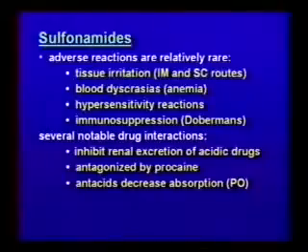The drug interactions with sulfonamides that are noteworthy: certainly these being acidic drugs which are highly excreted by the kidney, these drugs can interfere with the tubular secretion of other classes of acidic drugs, such as the penicillins, the barbiturates being another class of drugs, and this will lead to a reduction in their elimination through the kidney.